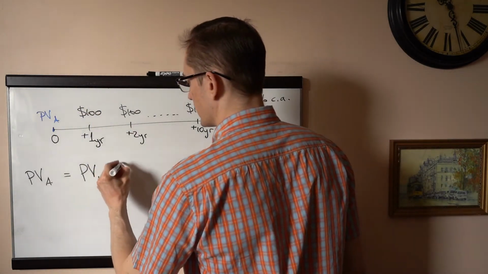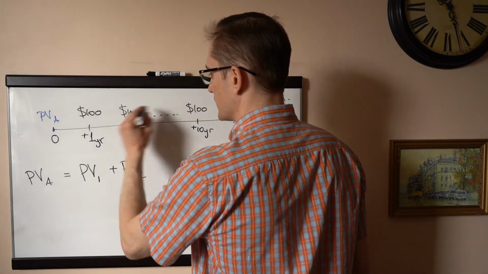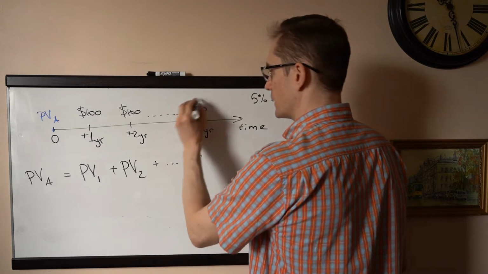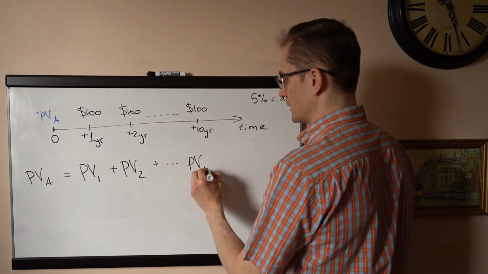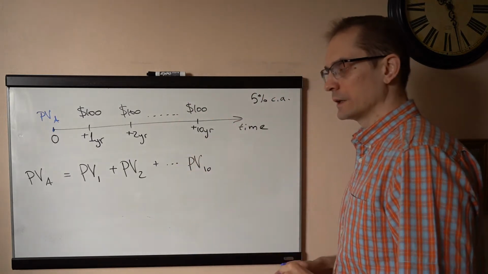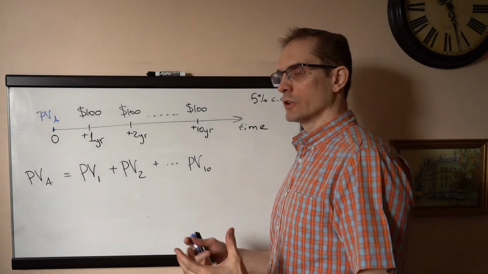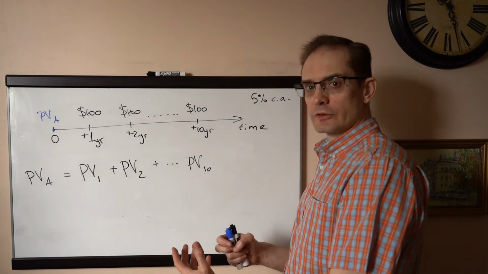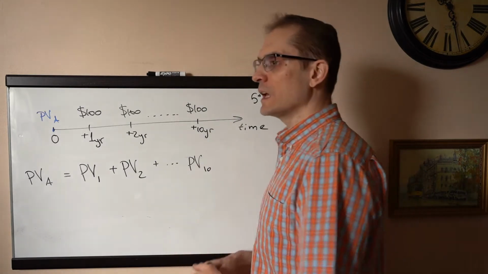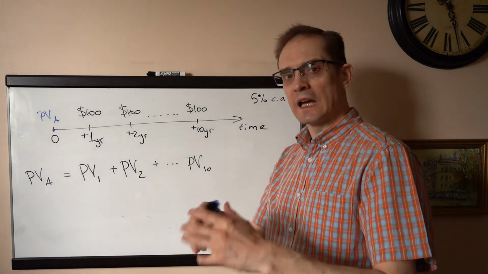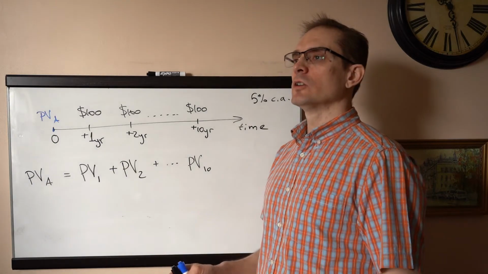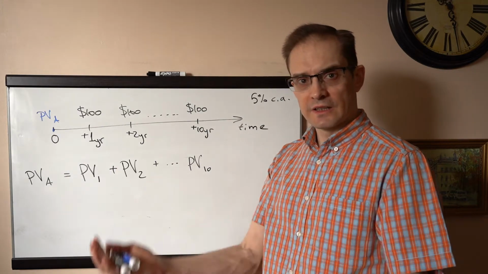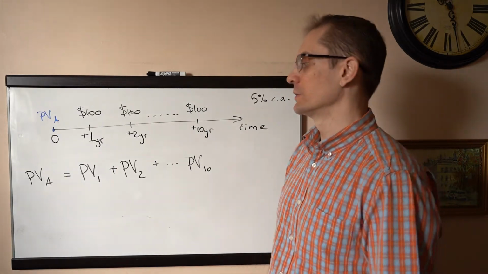So then you will have to find present value of this second $100, and so it will go. And also you have to find present value of this last $100, right? So this loan amount will be the sum of 10 present values, okay? So it's as if you're taking actually 10 loans today, which all sum up to a bigger loan.